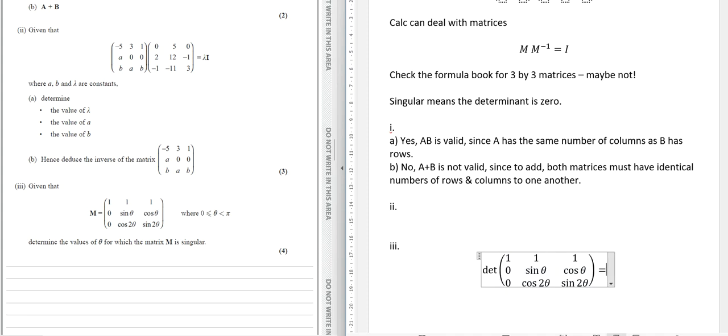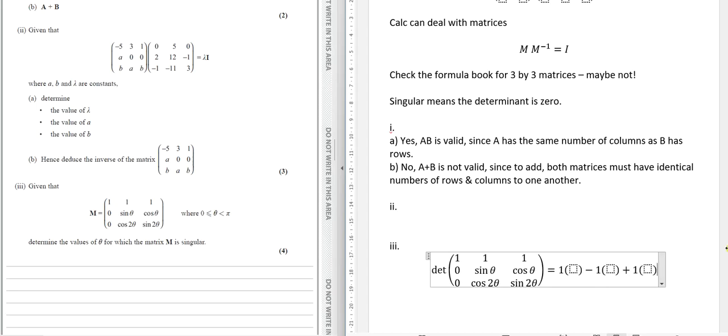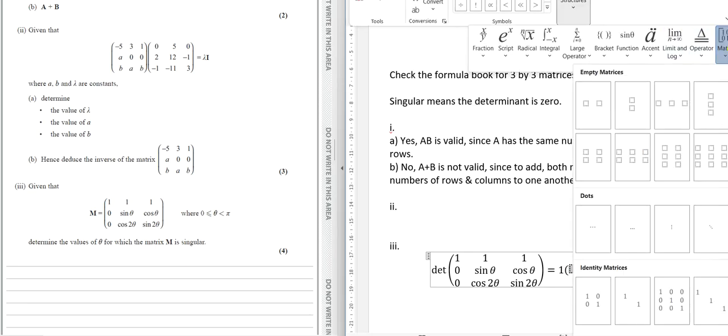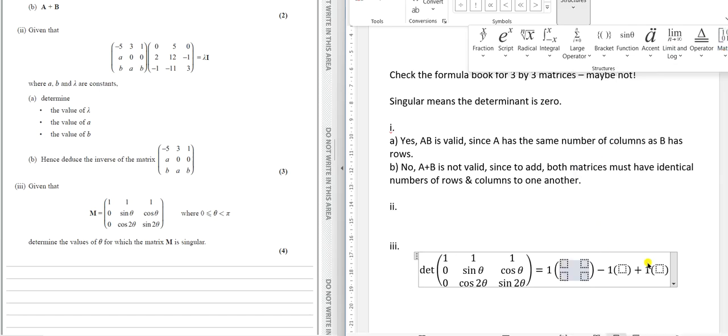And the easiest way to do that is to take each term from the top row, use alternating signs. So I'm going to have 1 multiplied by something minus 1 multiplied by something plus 1 multiplied by something. And the somethings are all going to be determinants of matrices. They will be 2 by 2 matrices.